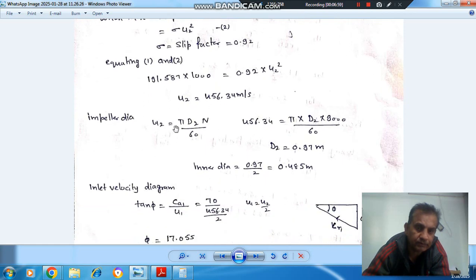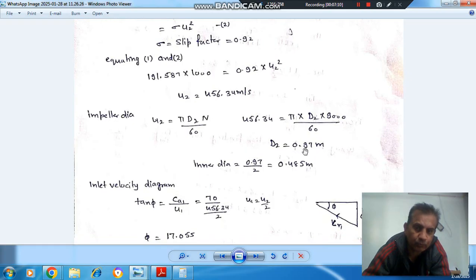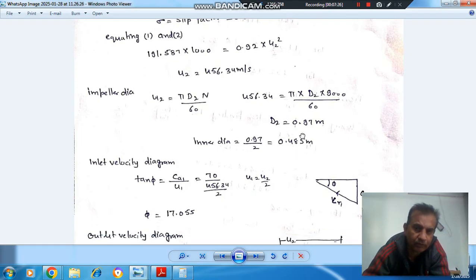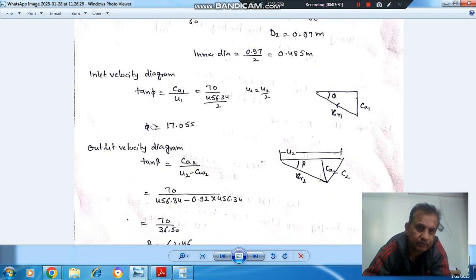Blade velocity can also be written as pi d2 N by 60. N is given as 9000 rpm, so d2 comes out as 0.97 meter, because u2 we have calculated. Now it is given that the inner radius is half of the outer radius, so the inner diameter will also be half of the outer diameter. That comes out as 0.485 meter. So these are the diameters.